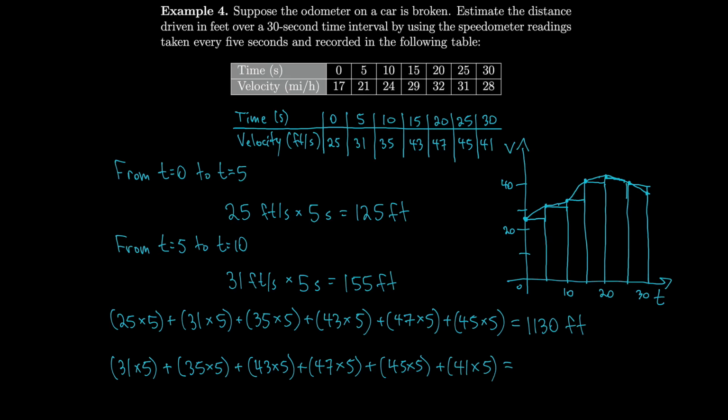That ends up adding up to 1210 feet. So we could say that this is basically L6 and this is R6. So we've managed to estimate the distance driven even though we had no odometer to measure distance just by using velocity.